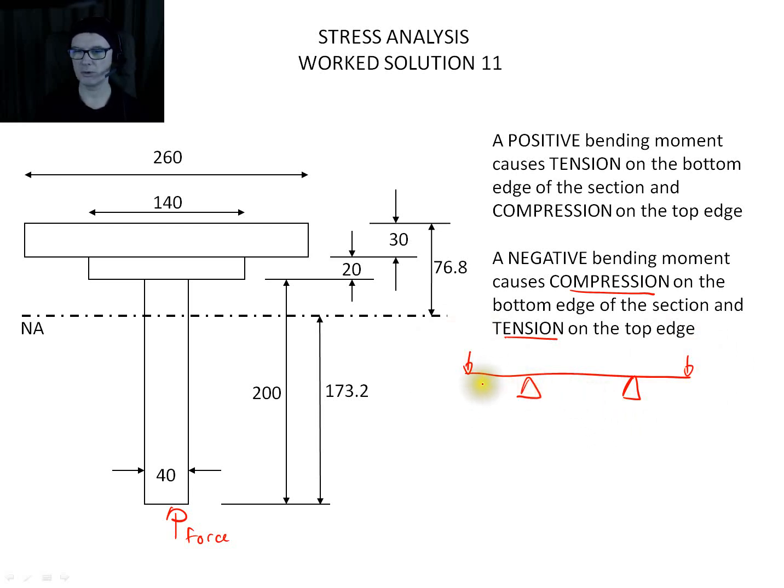So the loads would then cause this beam to hog in that sense, and then we'd get compression on the bottom and we would get tension on the top. Okay, so that's going to be the less likely case, I suppose, for a simply loaded beam.